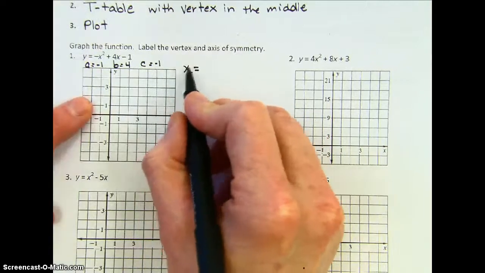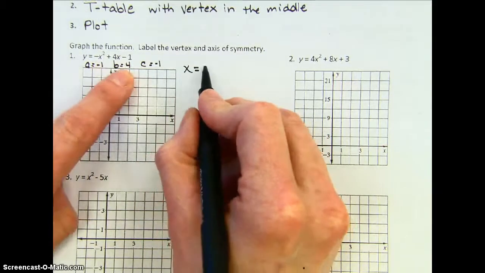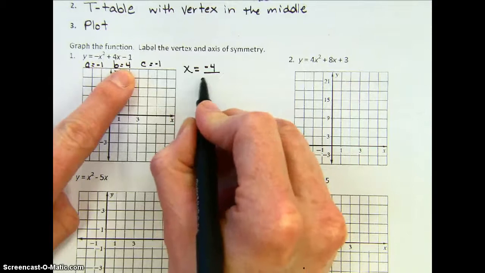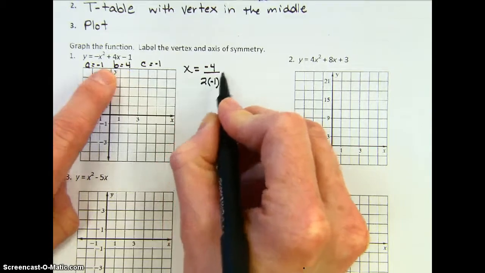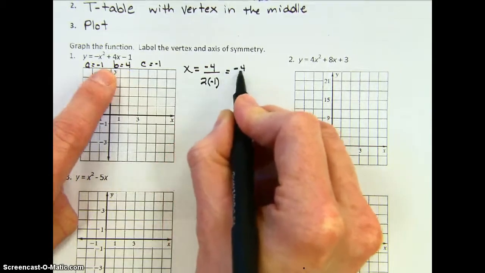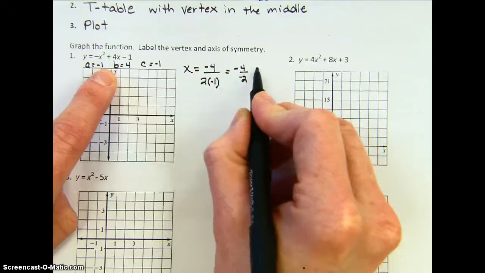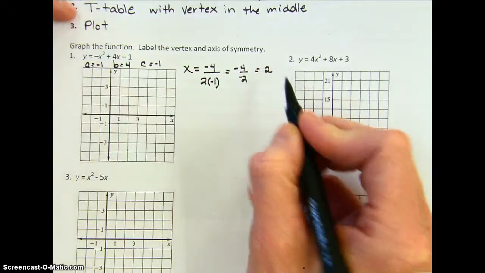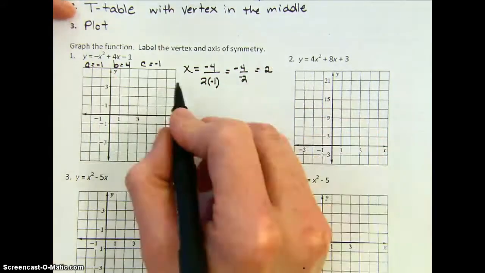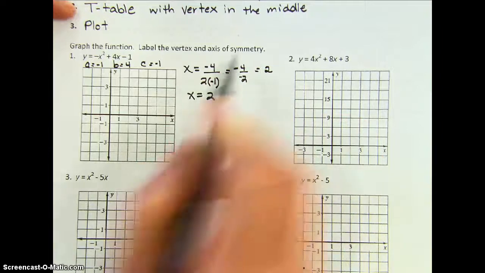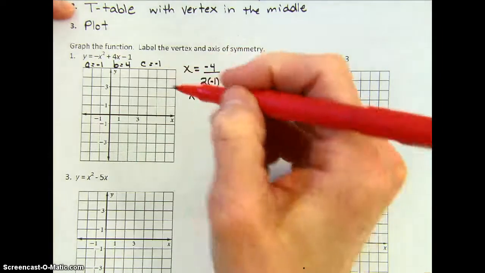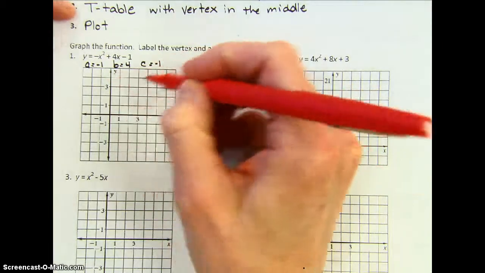I will say x equals negative b, which will be negative 4, over 2 times a. That's going to give me negative 4 over negative 2, which is 2. Now that 2, x equals 2, is my axis of symmetry and my x-coordinate of my parabola.